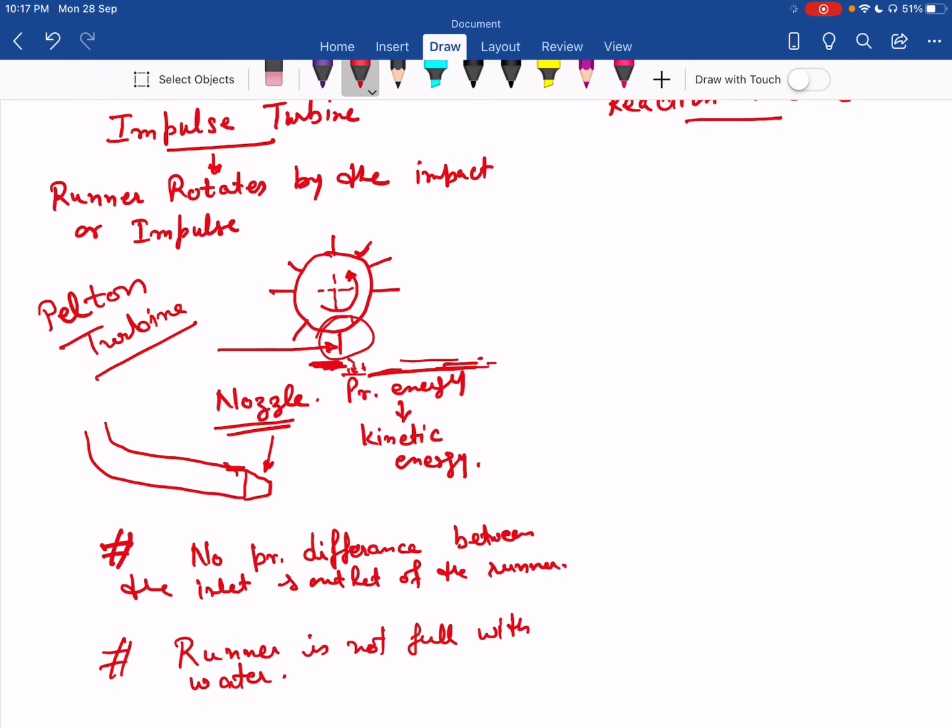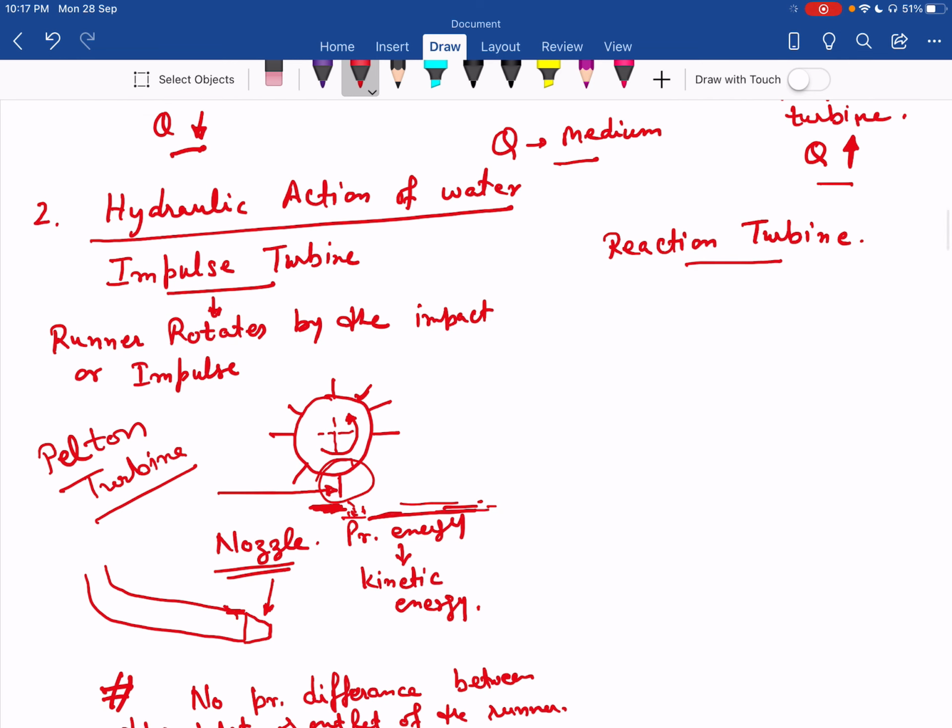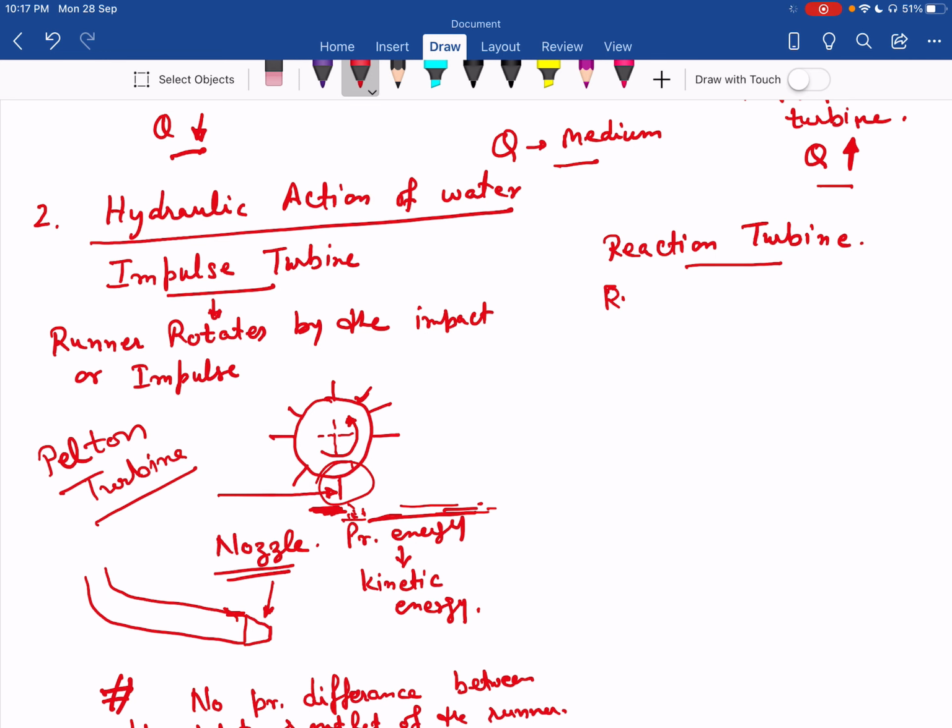Now the other type is the reaction turbine. In these turbines, the runner rotates due to reaction of pressure difference.